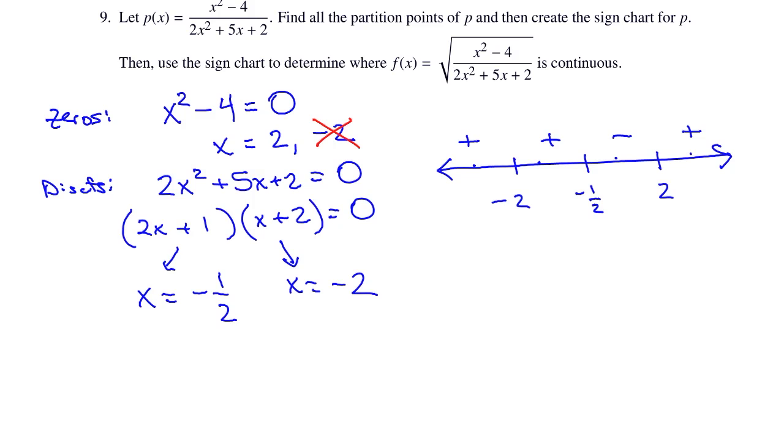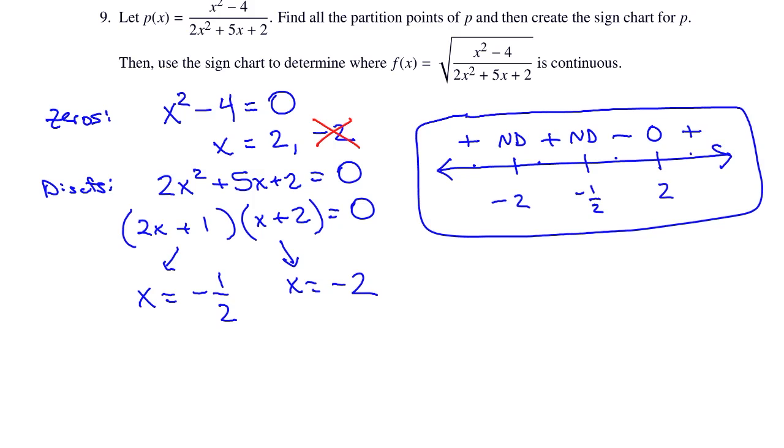We also need to mark whether these points were discontinuities or zeros. The -2 was a discontinuity, so we put ND above it for not defined. Same thing for -1/2. And then the 2 was a 0. We'll need this information later to determine where the function f is continuous. But this is the completion of the sign chart for p.